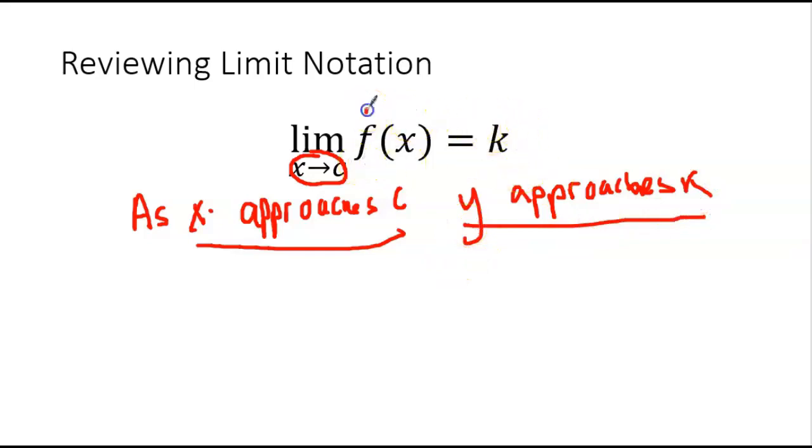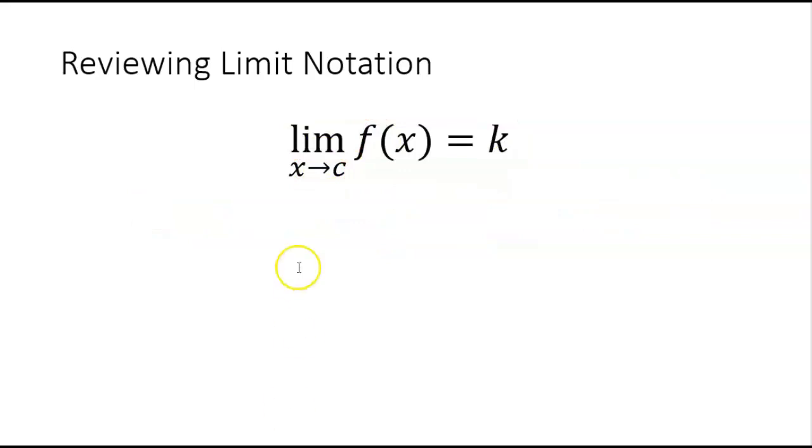And that's represented right here. F of x is y, so f of x now says equals k, but what it really means is that even though it never gets there, it's approaching k. So as x approaches c, y approaches k. That's how we read this statement.